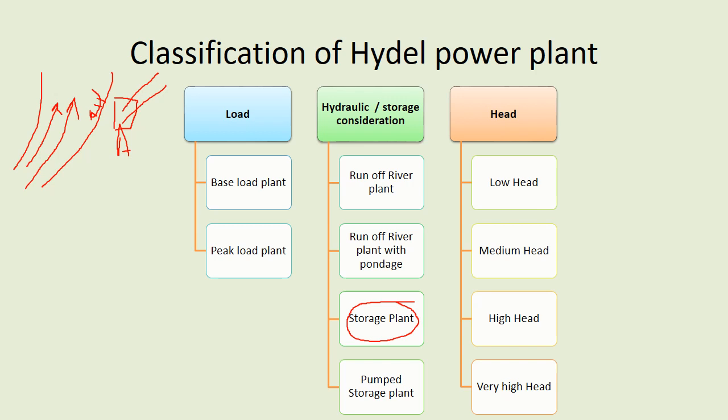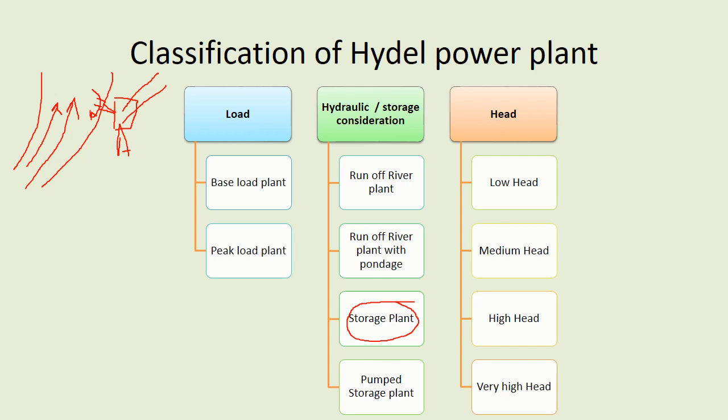This run-off river plant depends totally on the availability of water in the river. During the rainy season, the rate of water flow or the speed of the downstream river is quite fast or very dangerous, so it affects the turbine blades too.